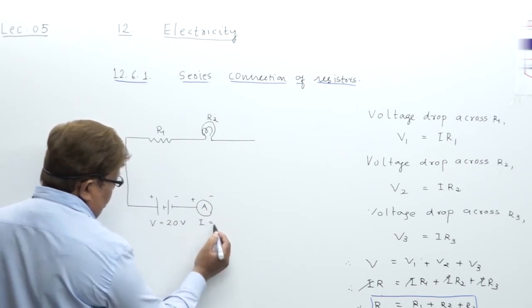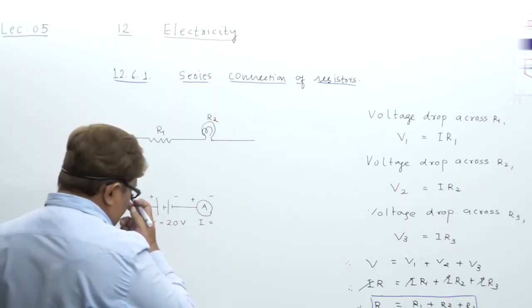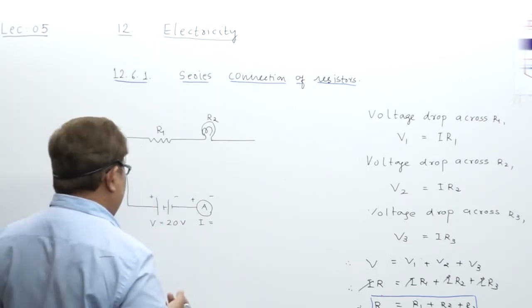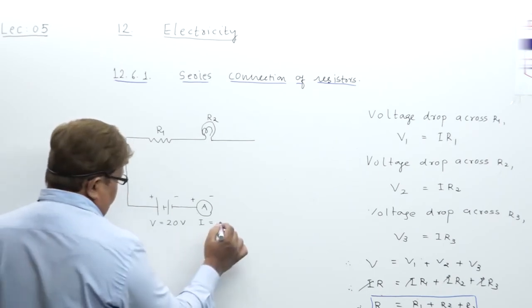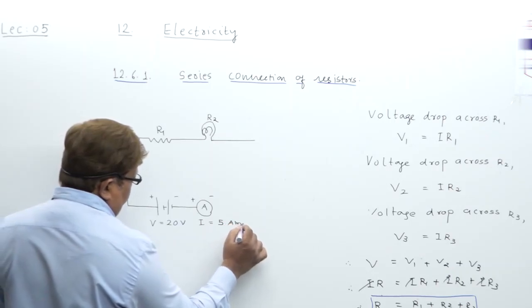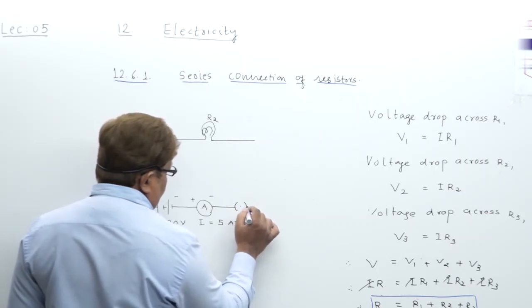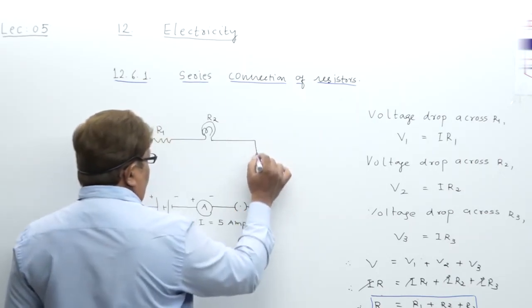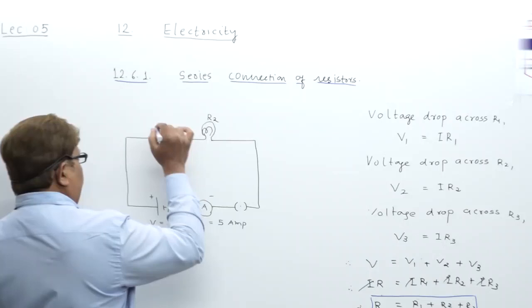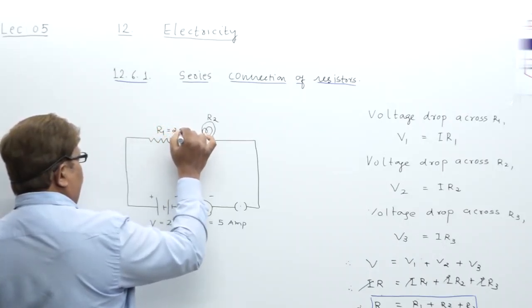Suppose it has been given in the example, dear student, somewhat 5 ampere, just for understanding, 5 ampere. Here the switch is already closed, and you are given the value of R1 as 2.5 ohm.